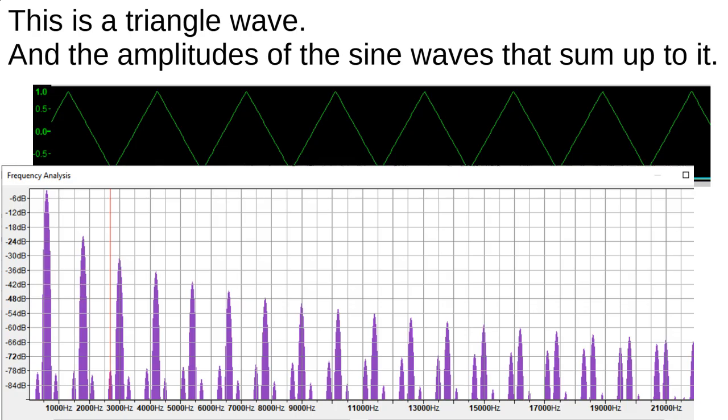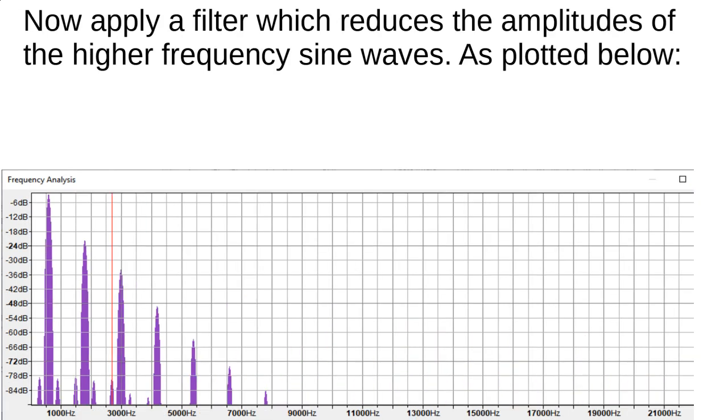Some other noteworthy Fourier and sine stuff. This is a triangle wave, and the amplitudes of the sine waves that sum up to it. Now, apply a filter which reduces the amplitudes of the higher frequency sine waves, as plotted below.